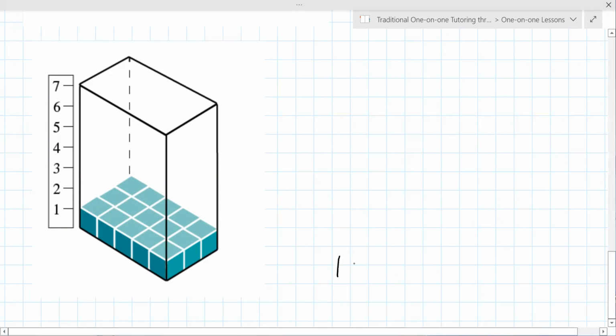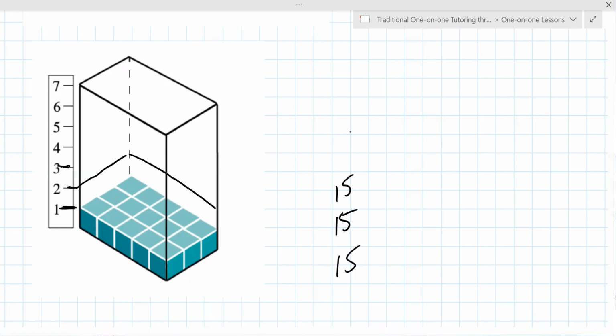There are 15. Okay. Now, that's a height of 1. So if you go to a height of 2, you're basically adding another layer. You're adding another 15. And then for 3, you're adding another layer. And so on.